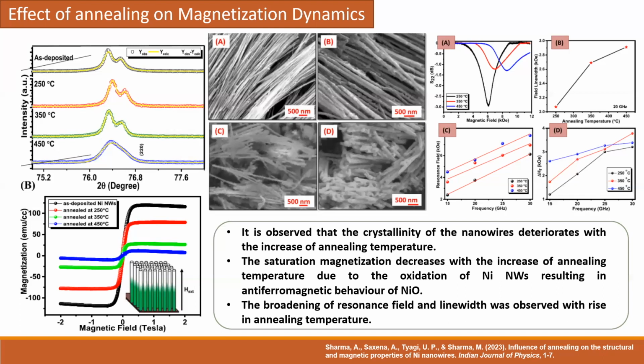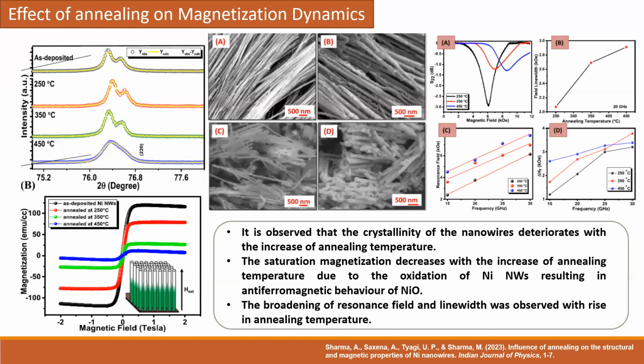You can see here that the as deposited nickel nanowires show the black line hysteresis loop. But when we anneal it at 250 degrees, the magnetization reduces, shown by the red one, and the saturation magnetization decreases.